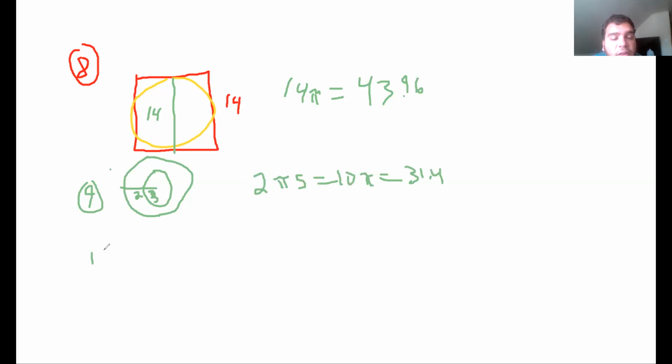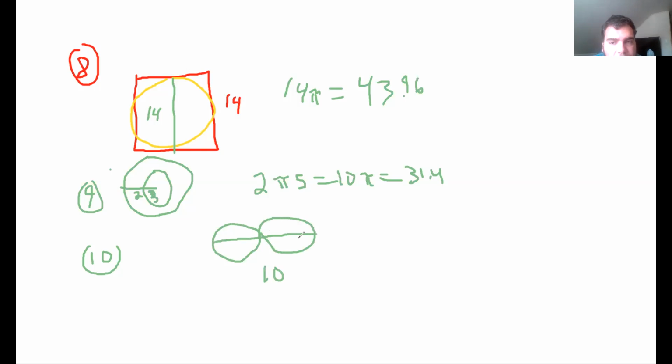And then number 10, we look at it again. This one shows us that the 2 circles are lined up together, tip to tip, edge to edge, and altogether it is 10.